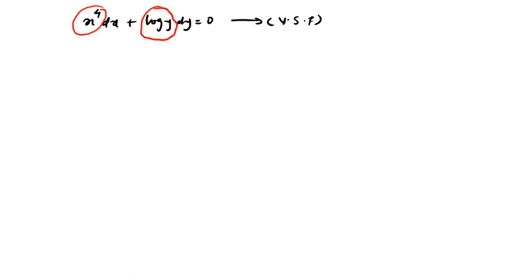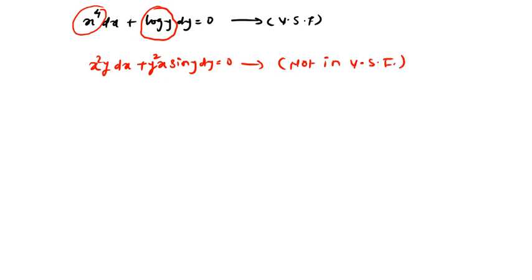Now if I take this example, x square y dx plus x sin y dy equal to 0, the question is whether this differential equation is in variable separable form or not. This is not in variable separable form, because the coefficient of dx is not a function of x alone and the coefficient of dy is not a function of y alone.